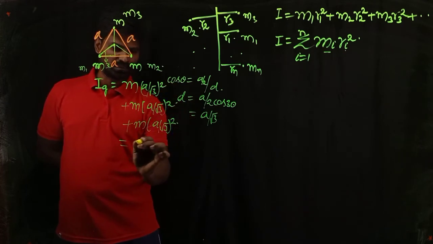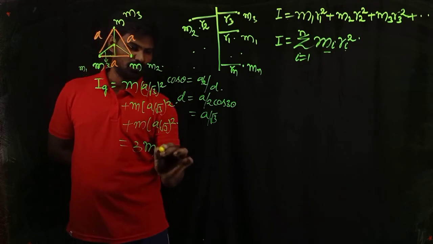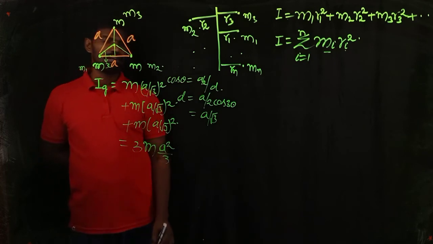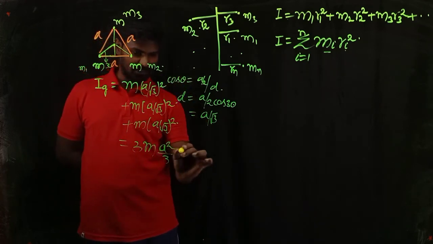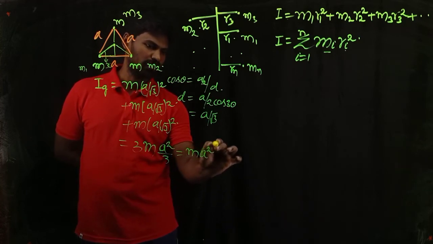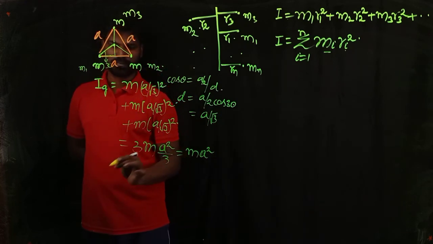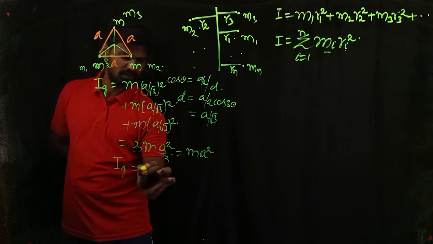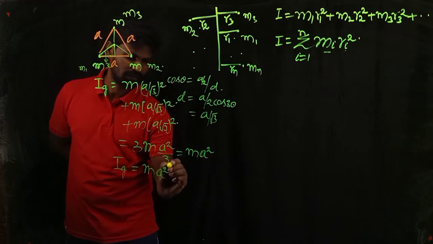So there are three terms, 3 into m into a square divided by 3, because root 3 whole square is 3 only. The 3 gets cancelled, and you will get m into a square. So the moment of inertia of this discrete mass system about its centroidal axis, Ig, is calculated to be m into a square.